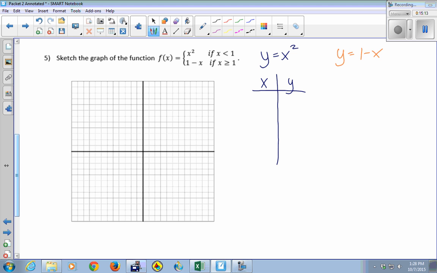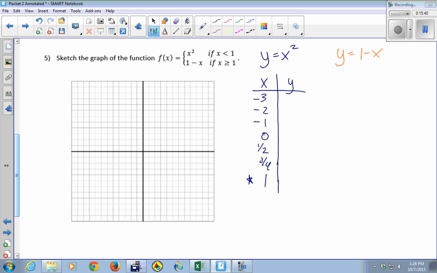So let's plug in some numbers that make sense for this, like maybe -3, -2, -1, 0. Maybe I'll do a half and 3/4. And I'm going to see where 1 goes, even though it's actually not on the graph, right? So I'm just going to put a little star there because it is the end point of the interval, even though it's not included.